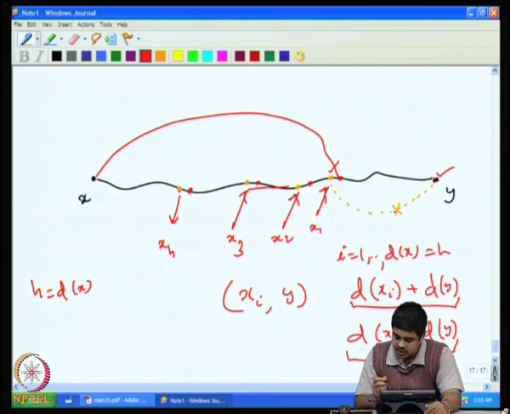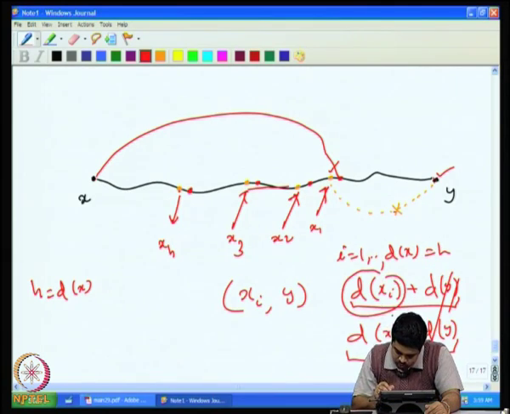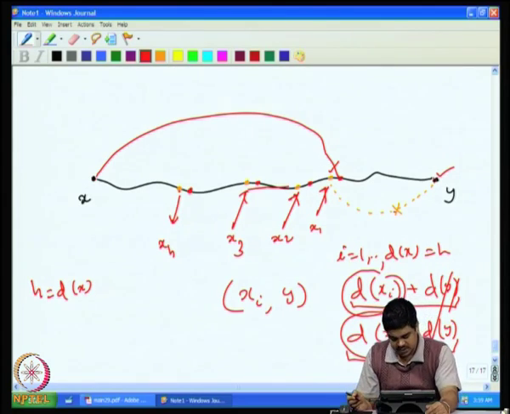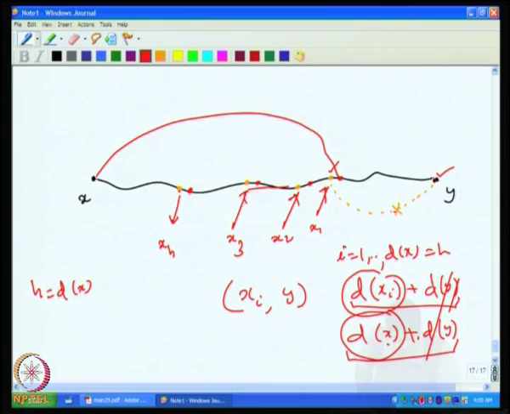So, immediately, because dy is the same here, we can say that the degree of each of these vertices xi has to be smaller than or equal to the degree of the corresponding vertex x.